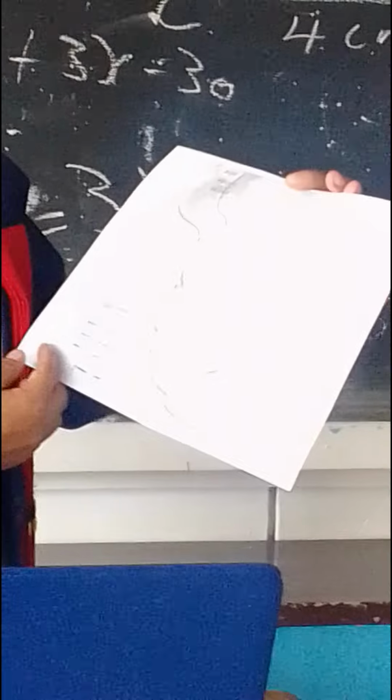So you can see here the blue arrows and the red arrows. The blue arrows are the overland route, and the red arrows are a coastal route.